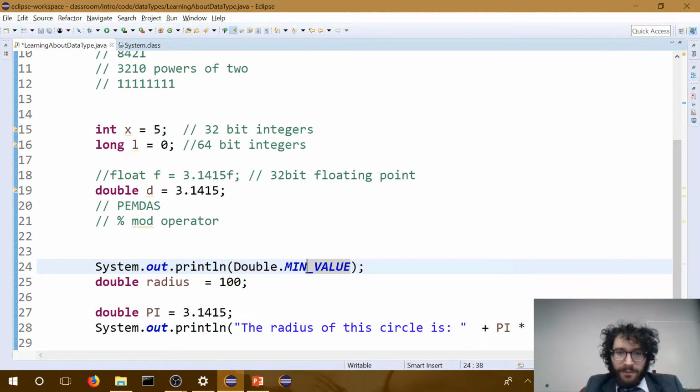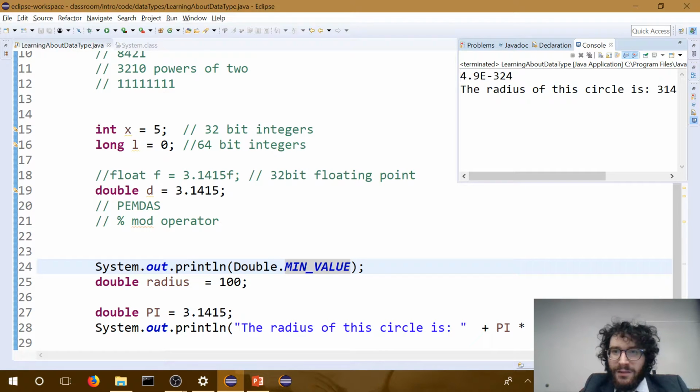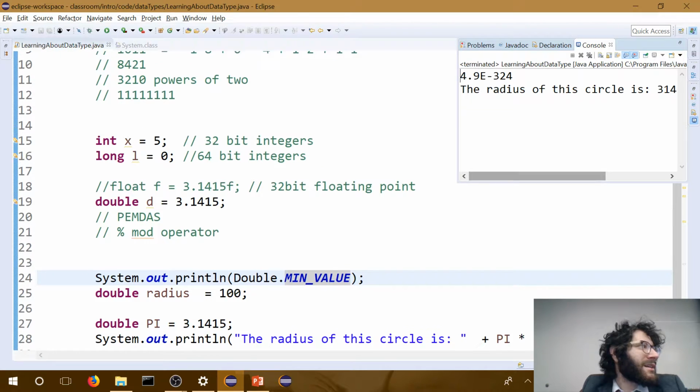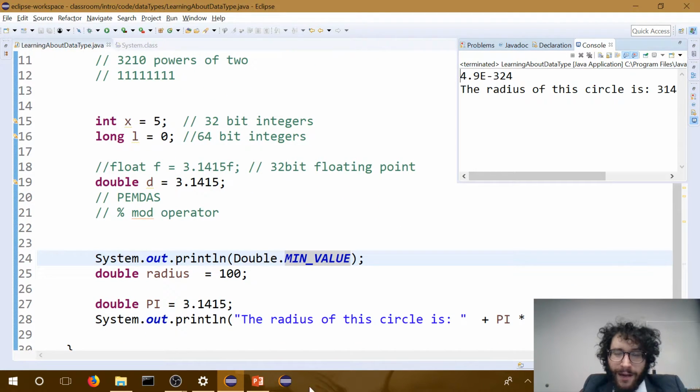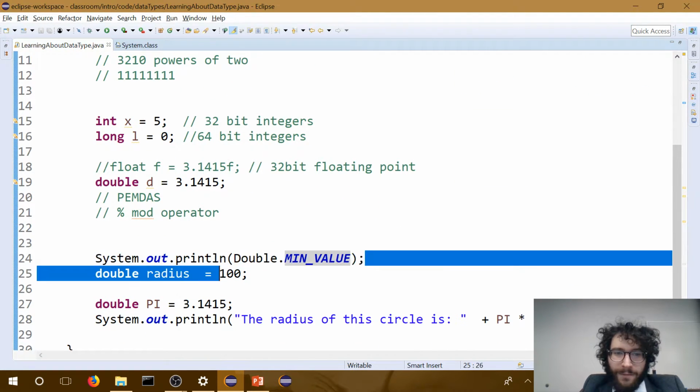And then MIN_VALUE. So 4.9 times 10 to the negative 324th power, which is about as small a positive number as we can store. This thing gets pretty small. So we can store quite a number of numbers in here.